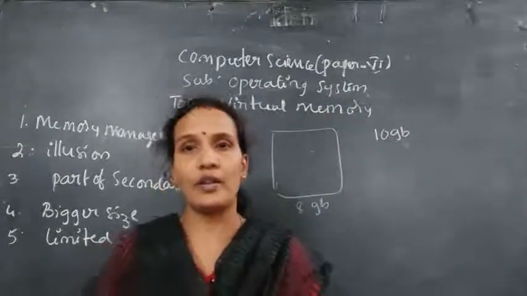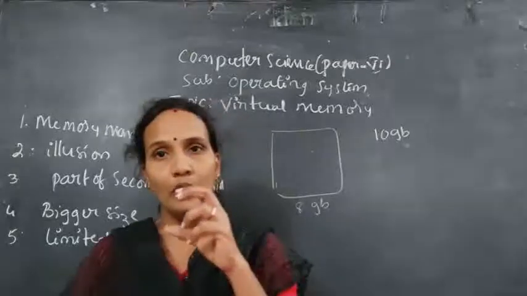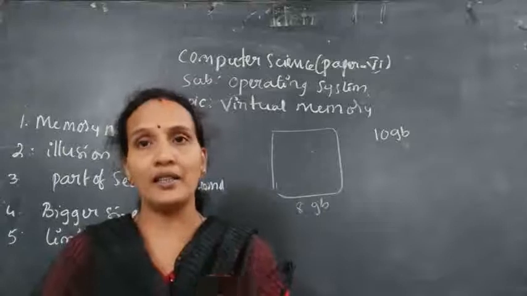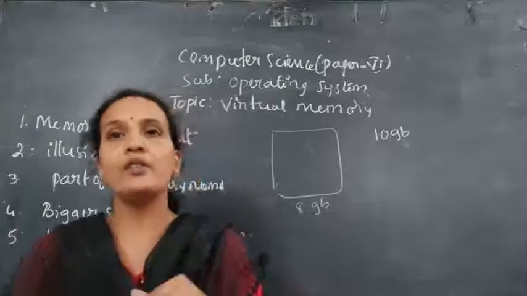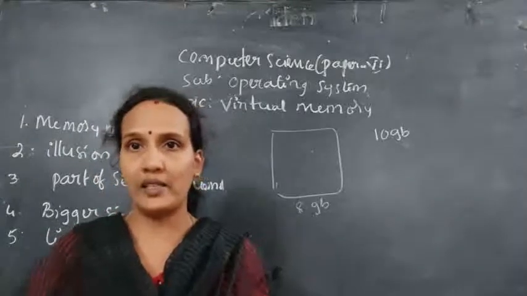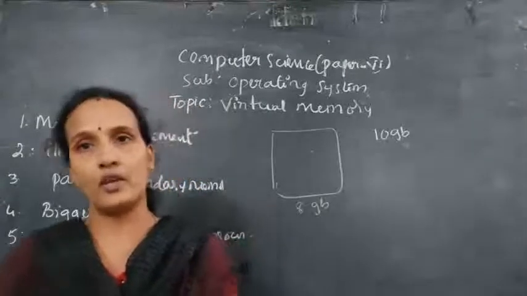What illusion is it providing to the user? The memory available in the system is small, but with that memory the user can execute a program whose size is more than the actual memory.